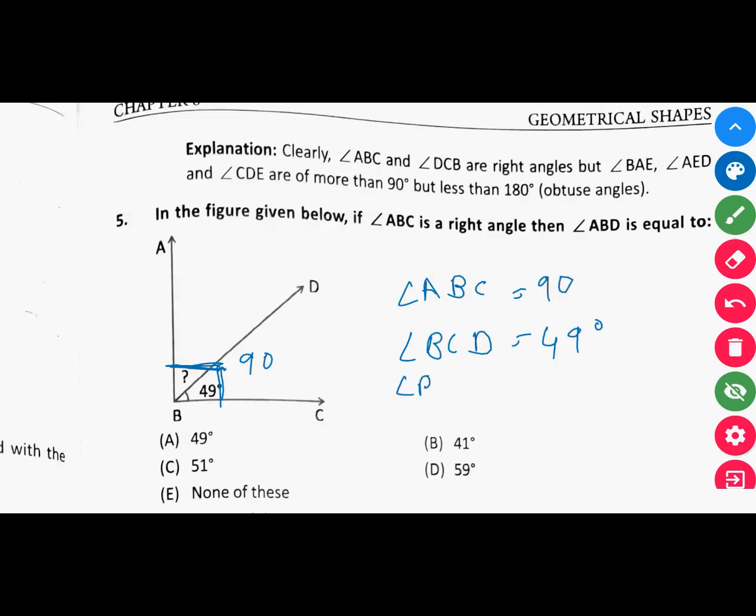So angle ABD is equal to angle ABC minus angle BCD because they are complementary to each other. 90 minus 49 is equal to 41 degrees. So our answer is option B.